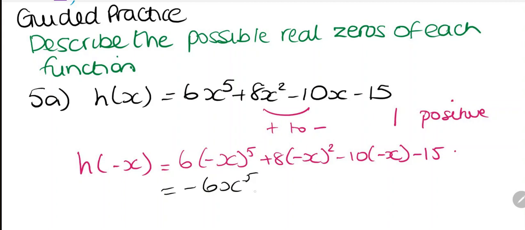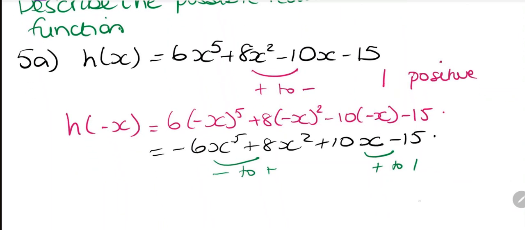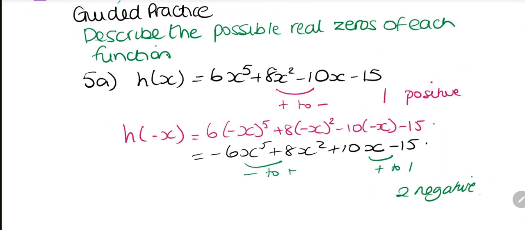X squared will be positive, so this is going to be plus x squared. And a minus times a minus is going to be a positive. And then we have minus 15. So for the positives to negatives, we just have 1, from positive to negative, and we have 1 at the beginning, from negative to positive. So when it's negative, we're going to have 2 possible negative roots.